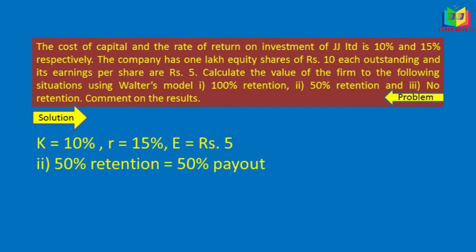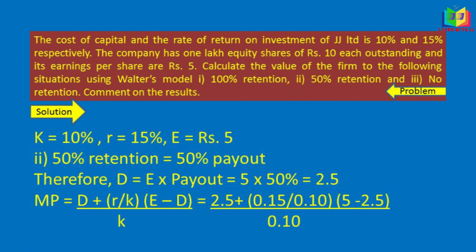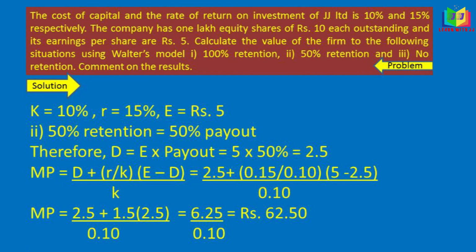50% retention. 50% retention means 50% payout. Therefore D will be E into payout. 5 into 50% we'll get 2.5. And the other things remain the same. If we substitute in that formula, we'll get 62.50.